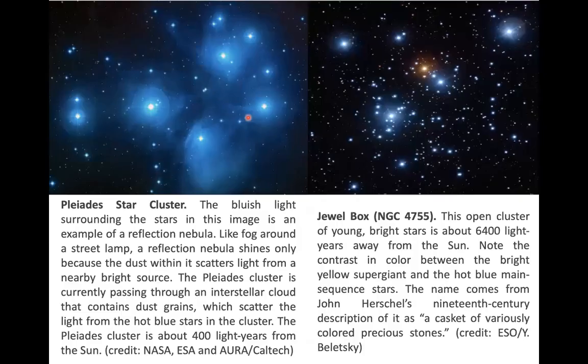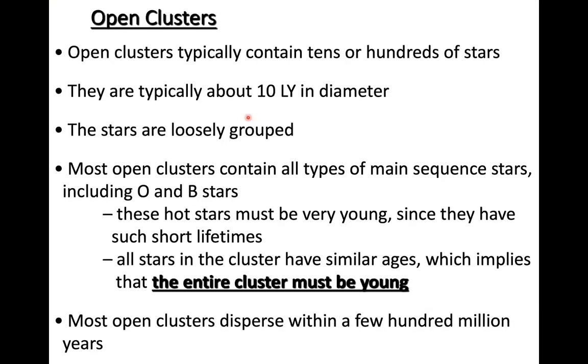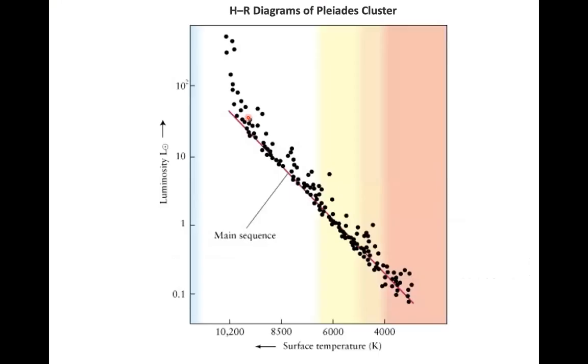Now when you look at an open cluster, it normally contains all types of main sequence stars, and this includes O and B type stars, right? Now the reason that it has mentioned O and B type stars, you can understand if you look at an HR diagram, O and B type stars are mostly in this location in the top left hand corner.